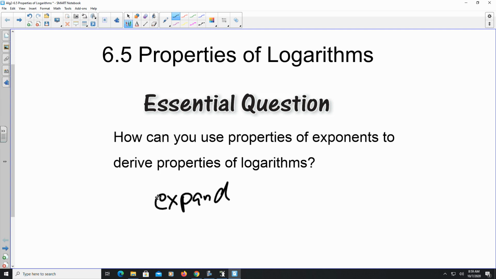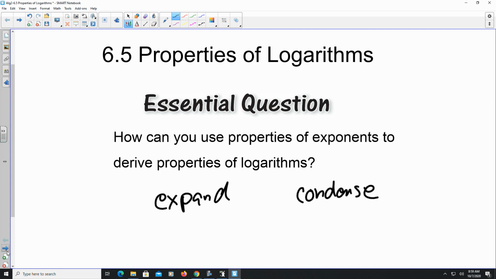We'll also be looking at condensing a logarithm. And through these properties and different examples, we'll be able to solve these logarithmic equations with some given information.